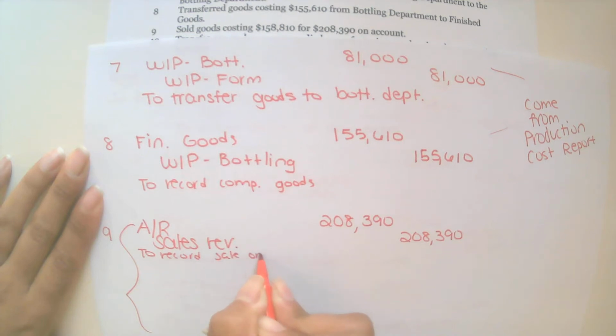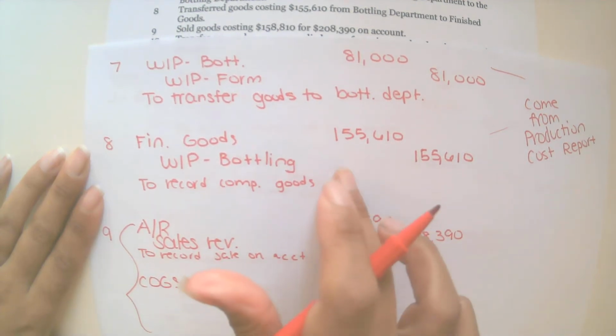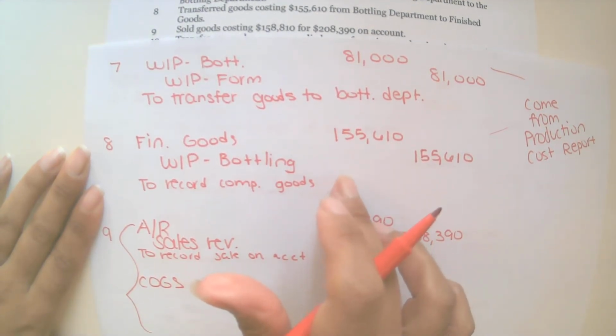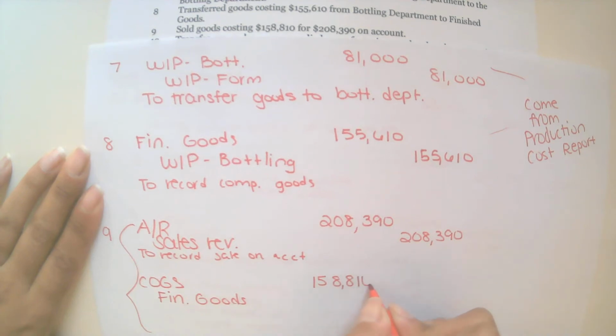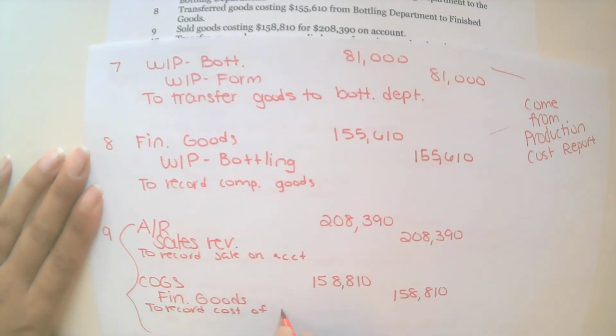On account. And we have to record the cost of the sale. Oh, I think I forgot to post that one. Don't worry, we'll go back to it. And finished goods of 158,810 to record cost of units sold.